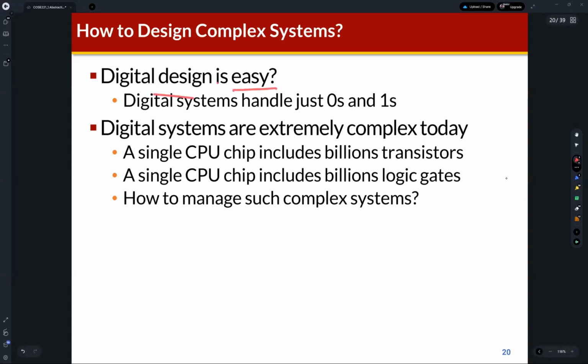It's easier than analog systems because analog systems handle real analog signals, which include many different values that change continuously. But our digital systems handle only zeros and ones. So it's easy.